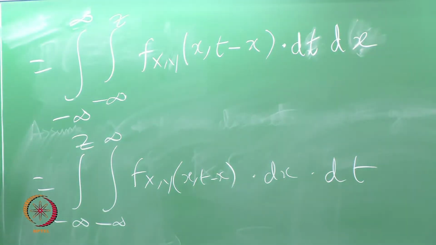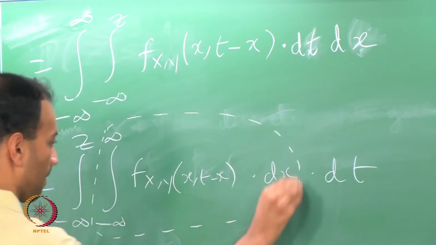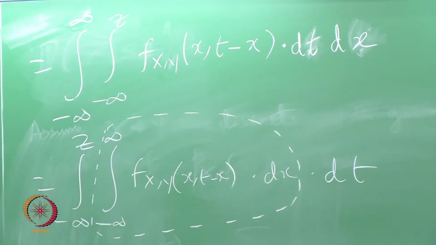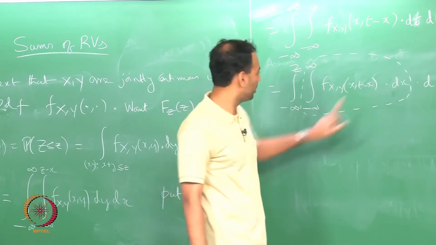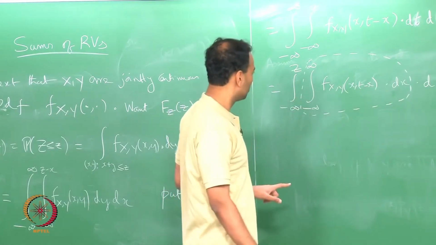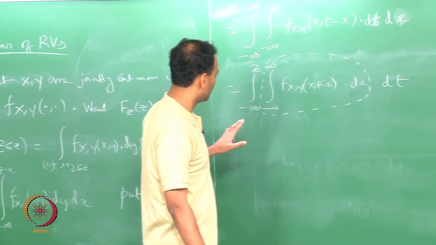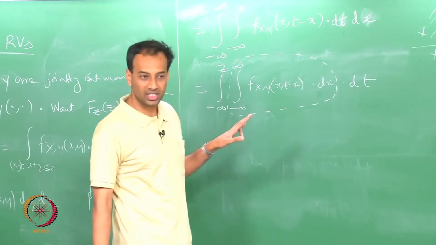If you look at this integral, so if you look at this bit, that is getting rid of x, right? I am integrating x out. So what remains will be a function of t.